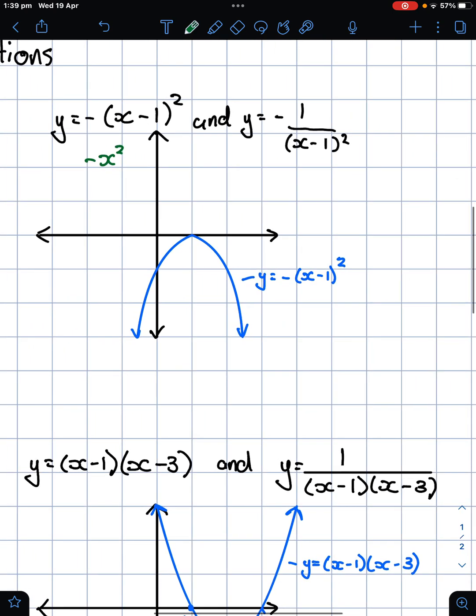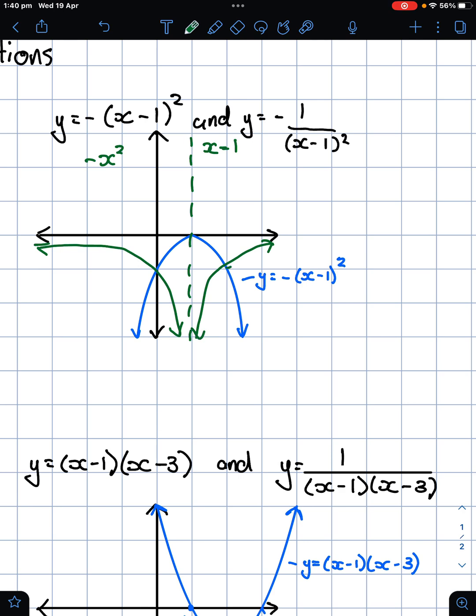But it's also transformed by 1 unit. So this one ends up being negative like this, but we have the same thing here. We have this asymptote at x equals 1. And then we see this function goes like that, and this function goes like that.